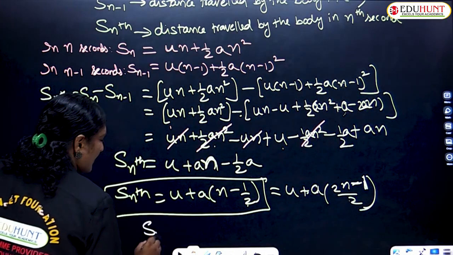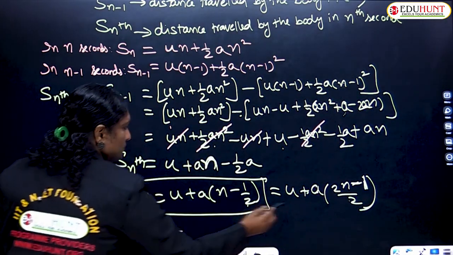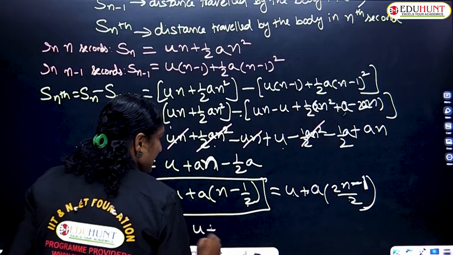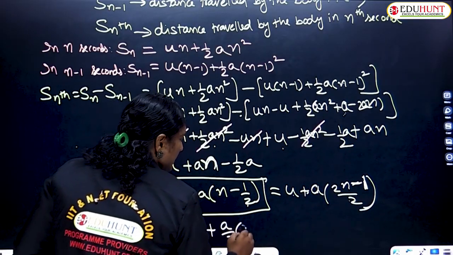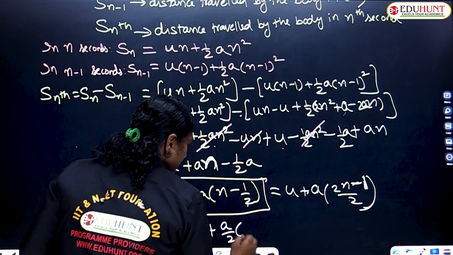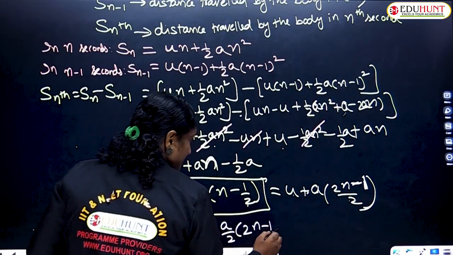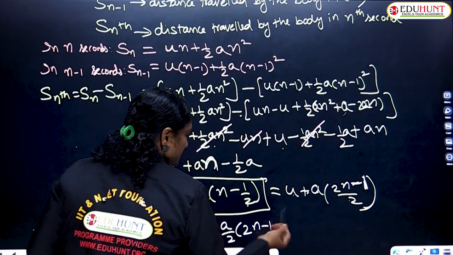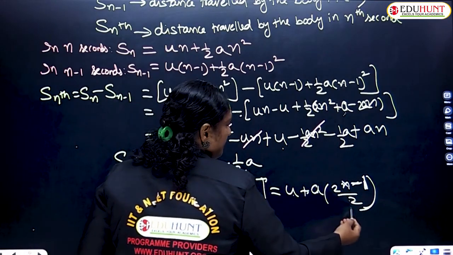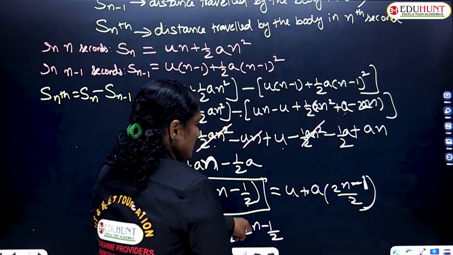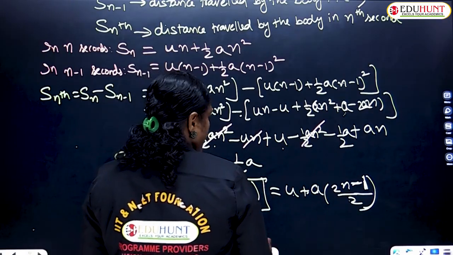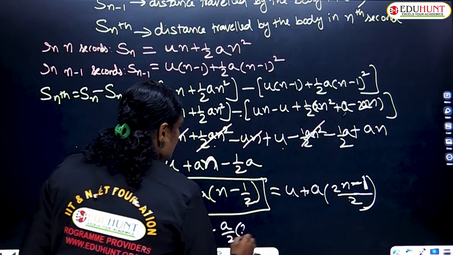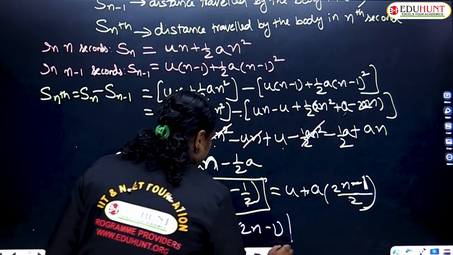Hence the value of Snth is equal to u plus a by 2 into 2n minus 1. So 2 I brought outwards, then what are you left with? a by 2 into 2n minus 1.